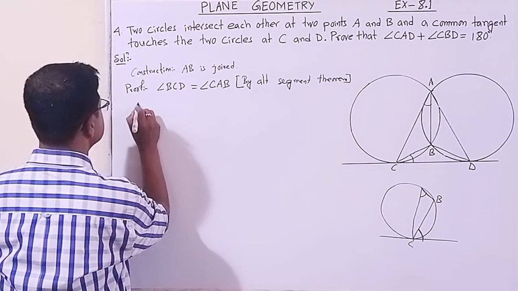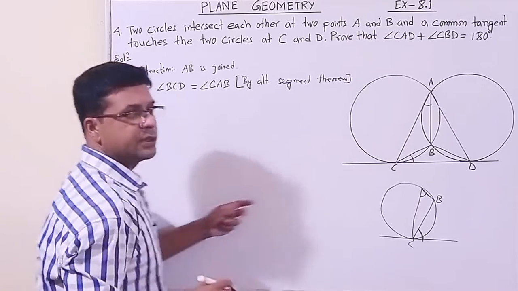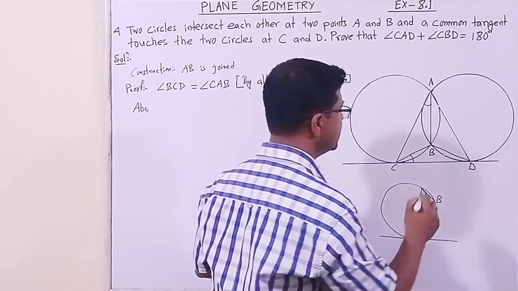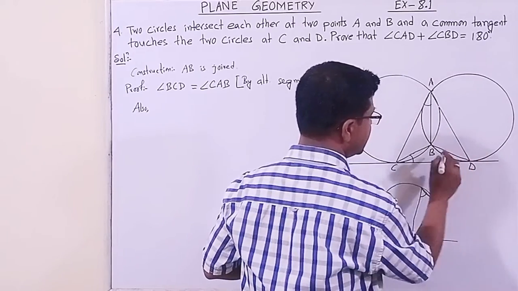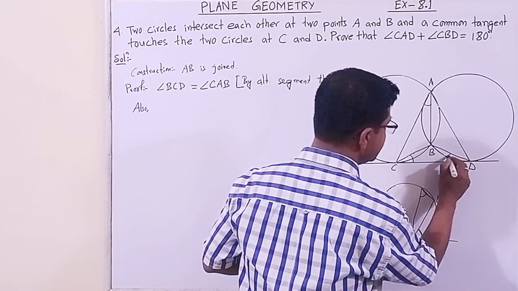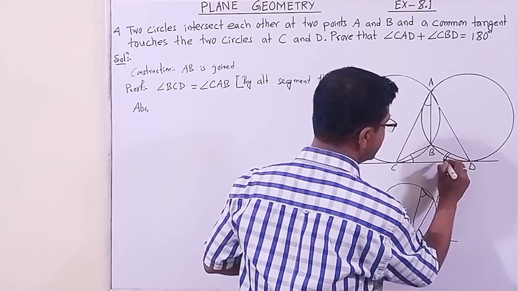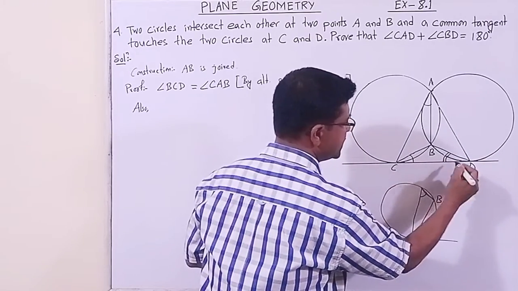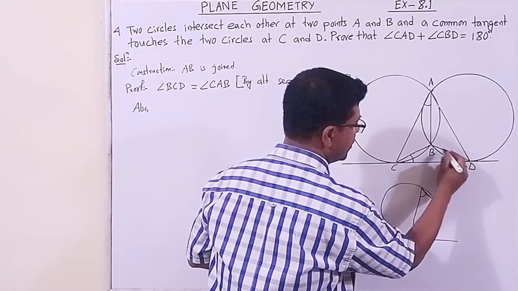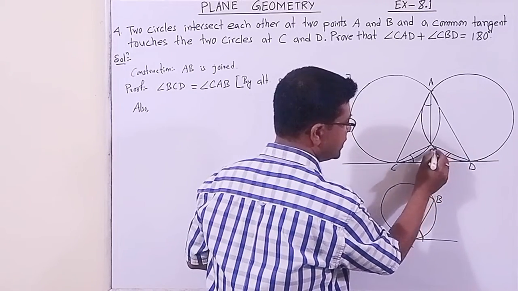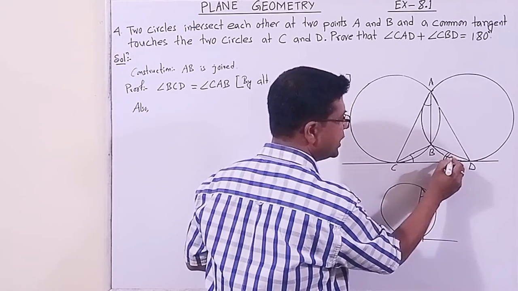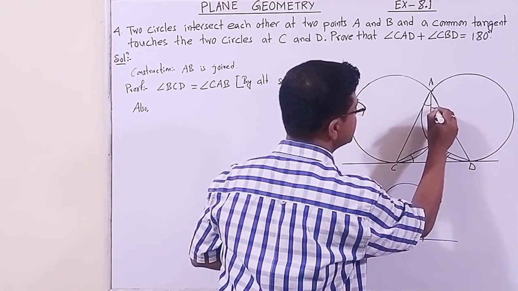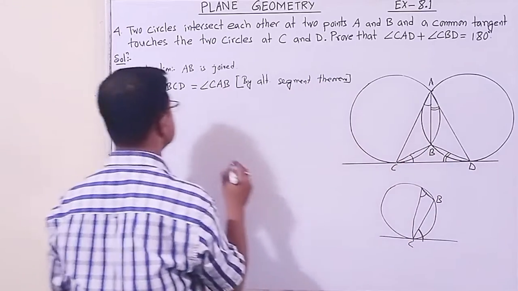Also, this result holds for the other circle. Let us apply the same for that circle also. Now in this circle, this is the tangent and this is the chord, with the double arc I am showing. Okay, is it visible? With this tangent the chord makes this angle. For this chord, this is the adjacent segment, this is the alternate segment. In this alternate segment, this angle is formed, so they are equal.